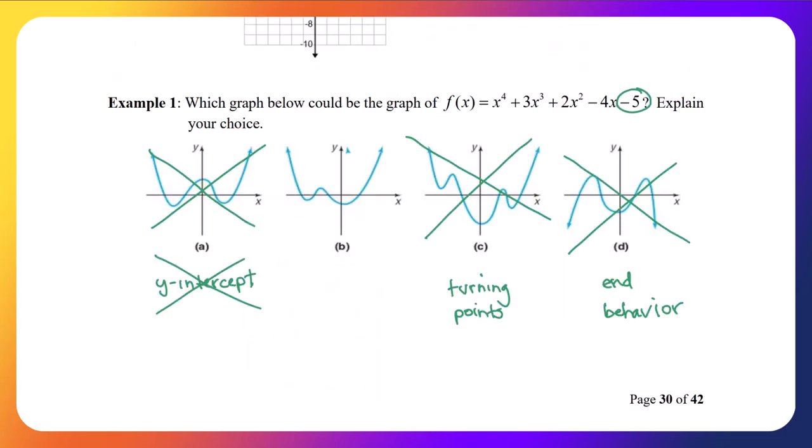And those are the inflection points. In example 1 here, do you notice that if x is 0, the y-intercept is -5? Well, this has a positive y-intercept, so that's no good. The leading term here is positive, so the right hand goes up. Here the right hand goes down, so that one's no good.